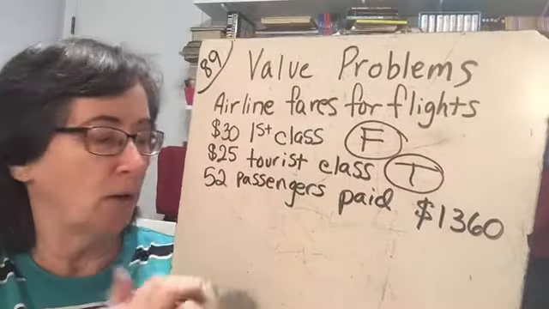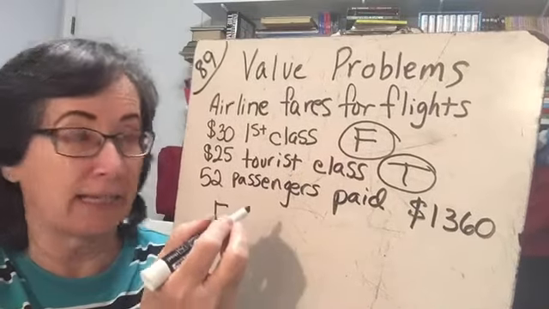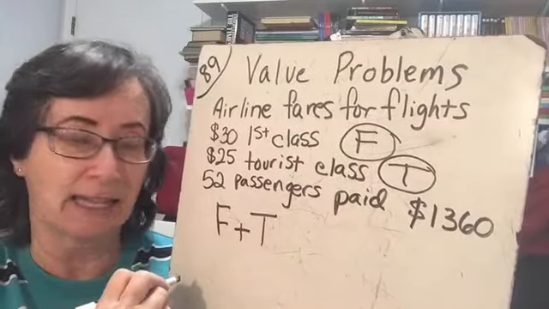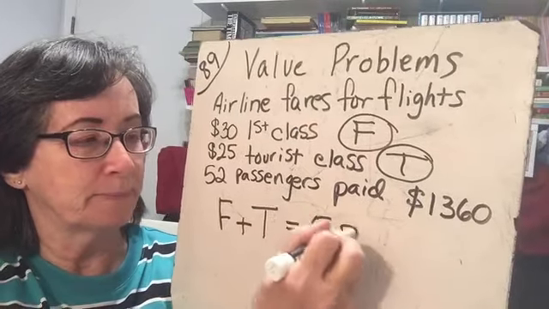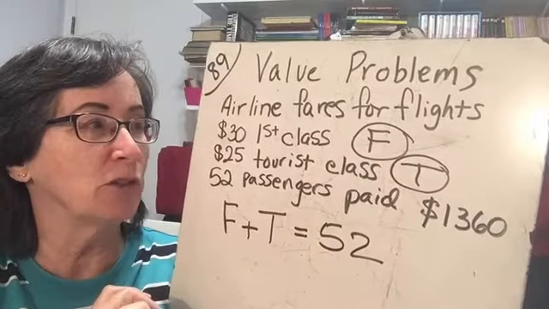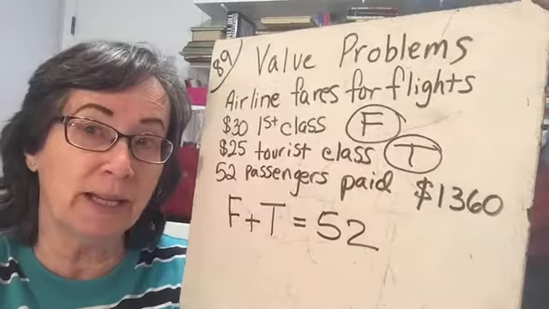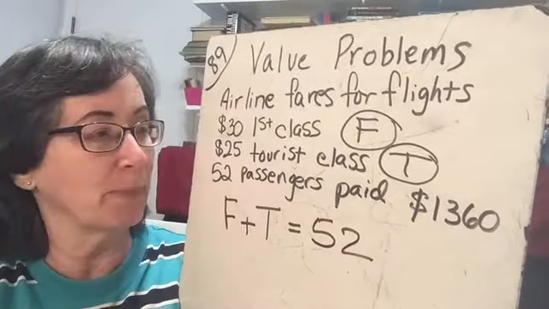So don't I know that the number that purchased a first class ticket and the number that purchased a tourist class ticket add up to 52? There's one equation. Now, don't I need two equations? Because I have two unknowns, I must have two equations, and there's one right there.